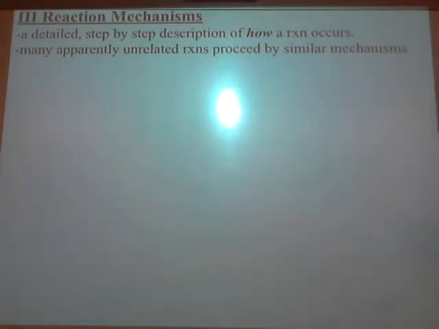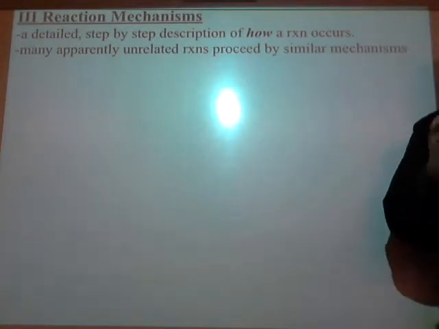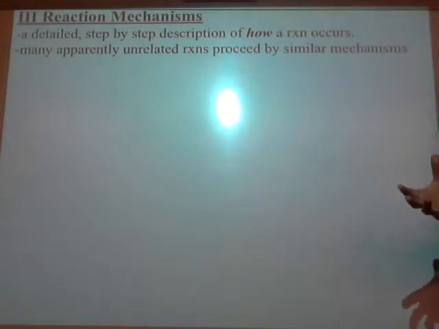Instead, you know that there are all the SN1 reactions or all the SN2 or all the electrophilic addition reactions that proceed by that same mechanism. They may be adding water this time instead of HBr, instead of HCl, but they all do the same basic thing. All right? You may get an alcohol instead of a halide, but it's the same basic reaction.